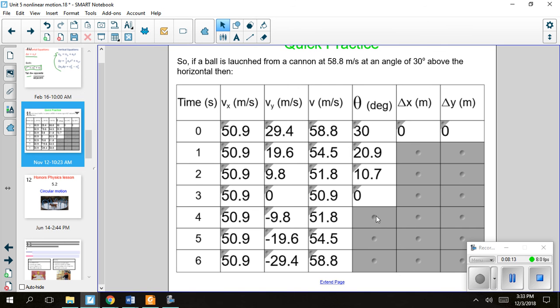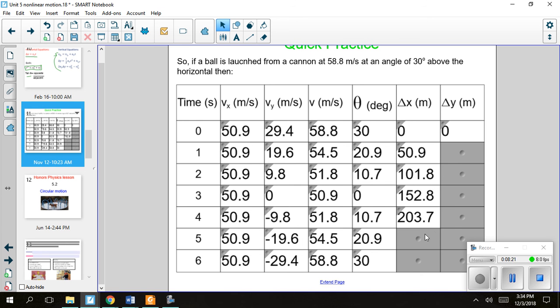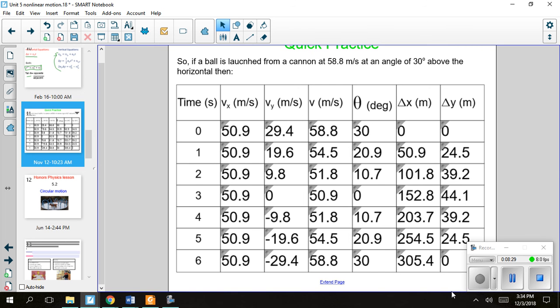As it comes back down, it starts becoming below the horizontal. So this is all above the horizontal. Now this is all below. And then here's our delta x, which is going by this multiplied by time. And then our delta y, as it goes all the way back down to the ground.